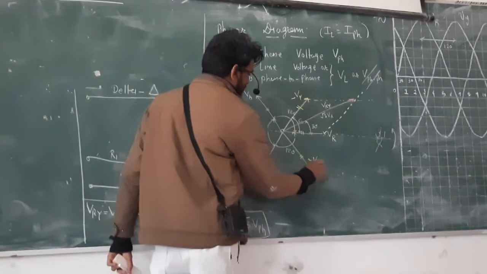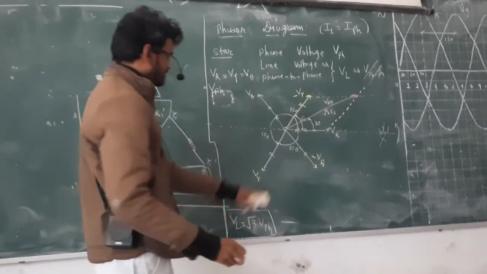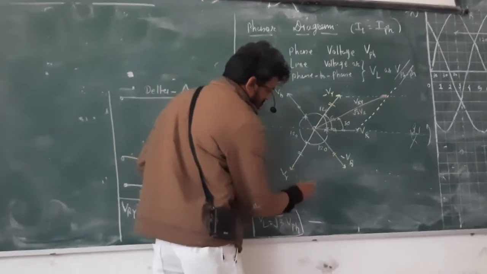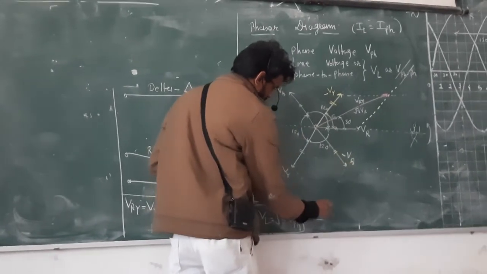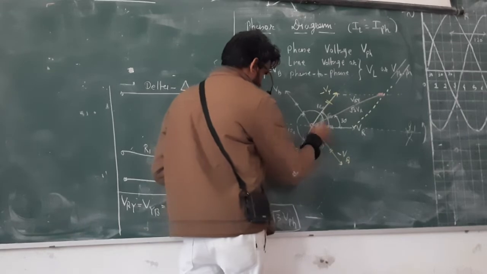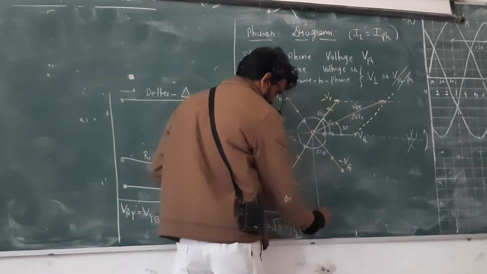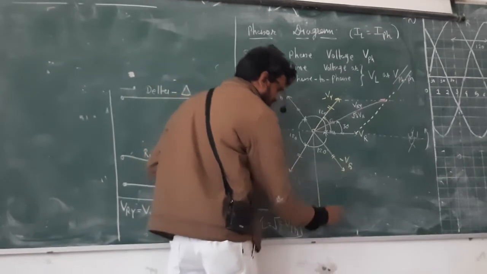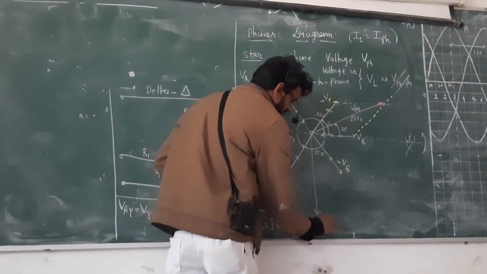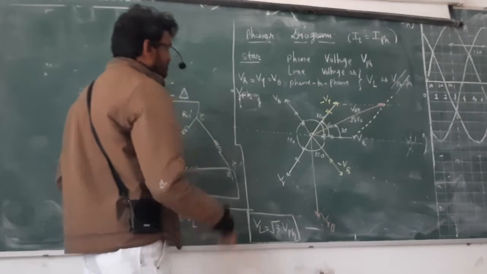Negative B. Then I need to add Y and B, positive first, negative then, VYB. Then it will come BR.